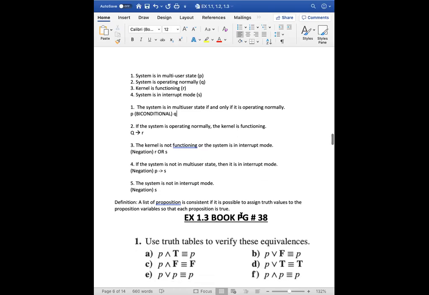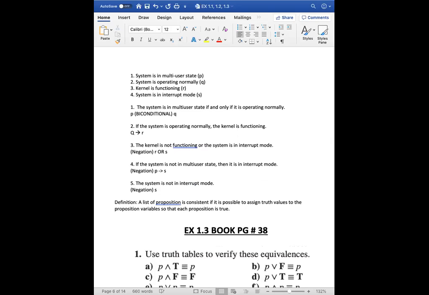So for example, let's assume S is false, that the system is not in interrupt mode, and then I'm assuming that Q is true.